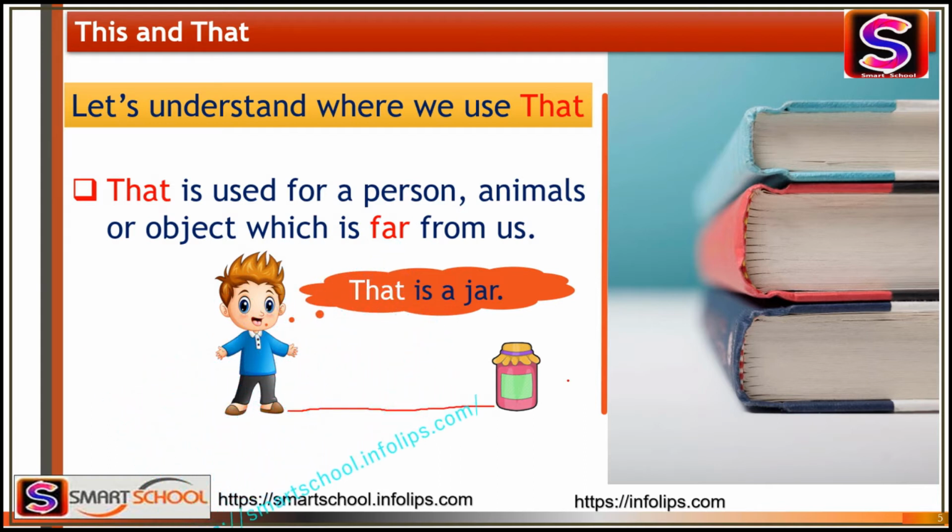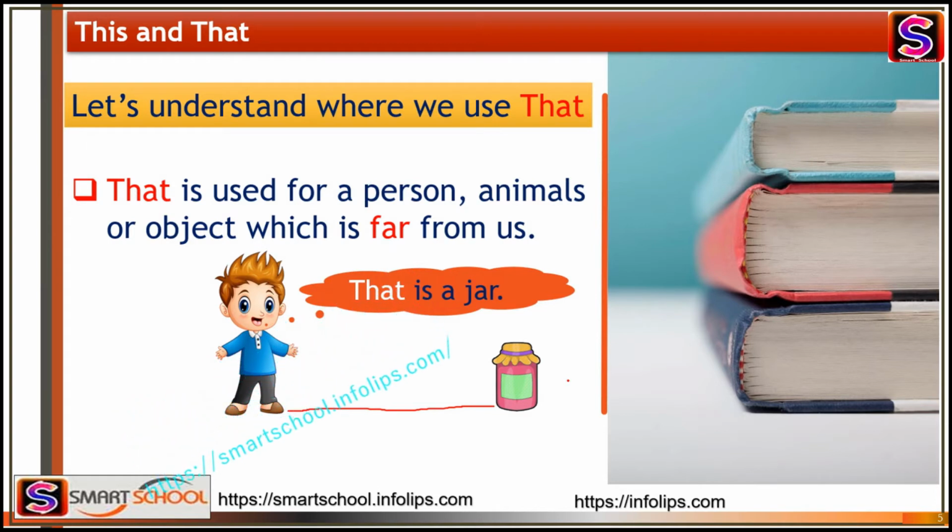That's why we will say, that is a jar. Because that jar is far from him. So any object, person, or animal which is near to us, we will use this, and if they are far from us, then we will use that.